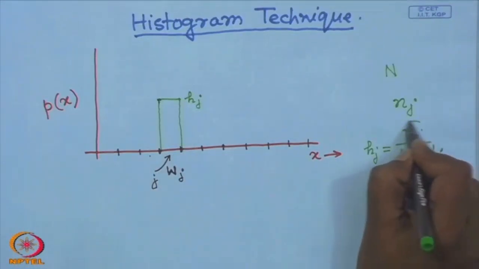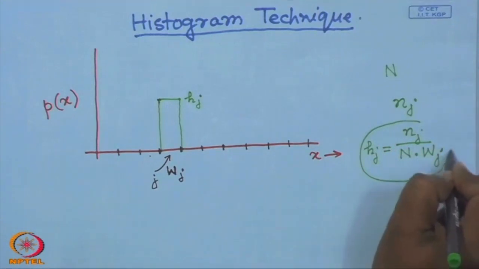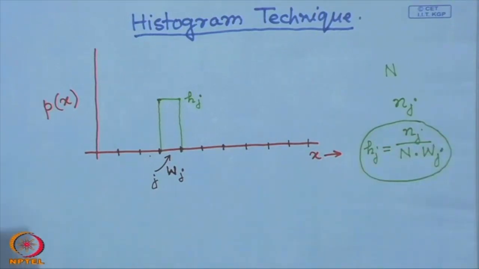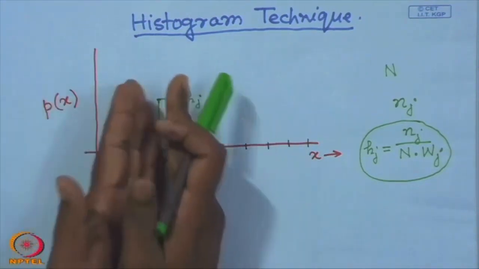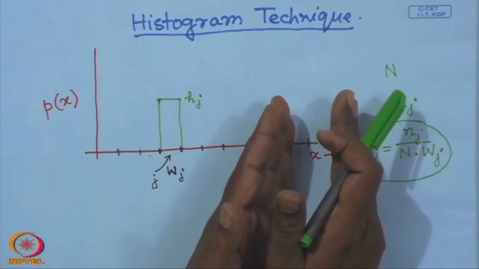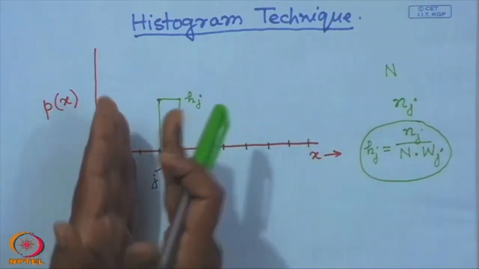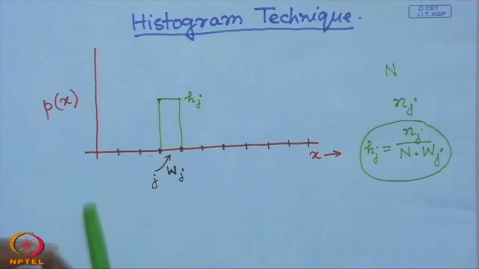Now, this particular computation has a significance. If we assume that this histogram, the collection of such bars, is nothing but a histogram, and if this histogram has to represent or approximate a continuous probability density function or continuous probability distribution function, then the area under this probability distribution function has to be equal to 1.